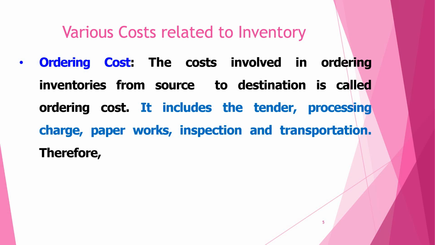The cost involved in ordering inventories from source to destination is called ordering cost. It includes the tender, processing charges, paperwork, inspection and transportation. So, ordering cost is computed as number of orders times cost per order.